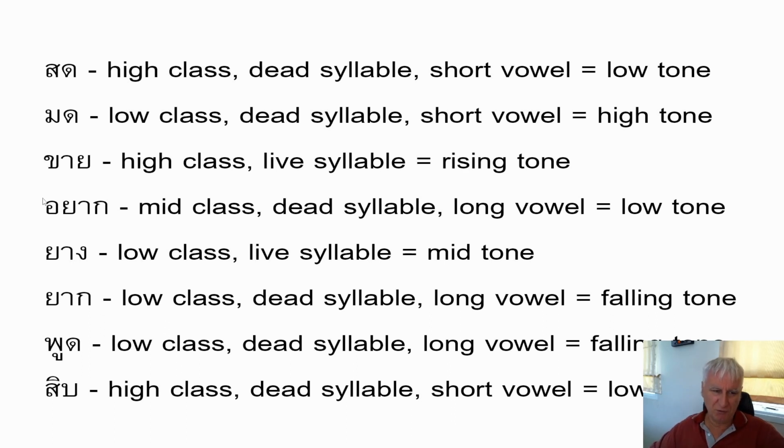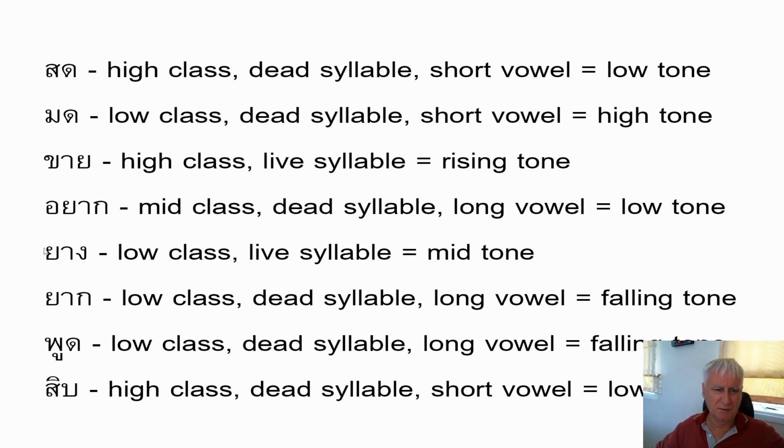So we put this consonant at the front. That gives the word a mid-class initial consonant, but it doesn't actually make any sound. So for the tone rules, we use this consonant, mid-class. It's a dead syllable because it ends with the gor gai, the unreleased K sound, and it's got a long vowel, that's sara-a. And if we look at the tone rules for mid-class, dead syllable, long vowel, we get a low tone, yaak.